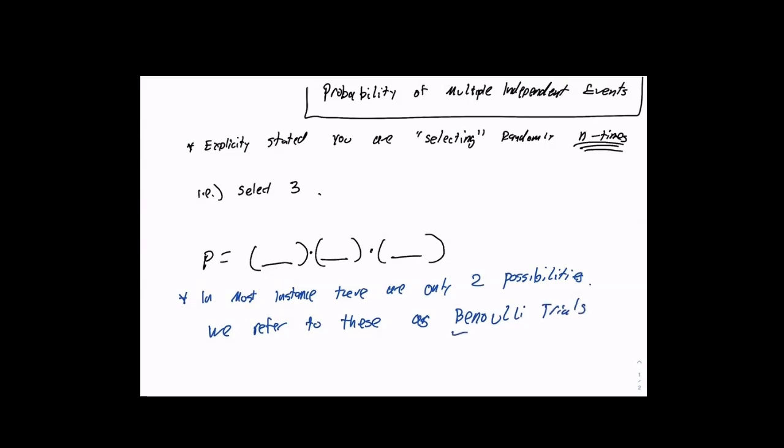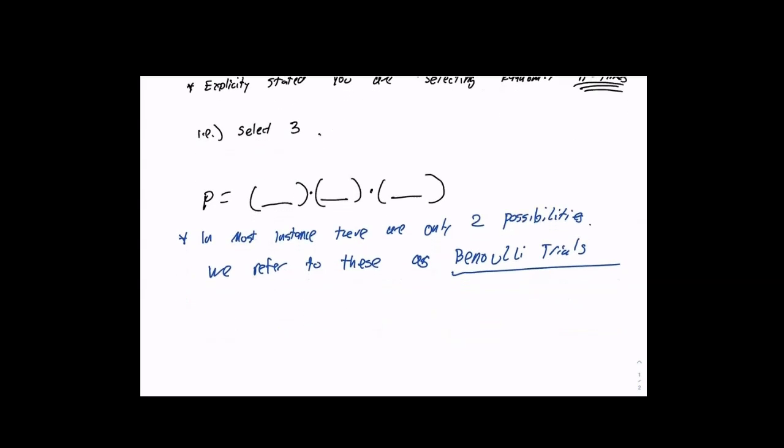And I was actually going to call today's lesson Bernoulli trials, but it's multiple independent events. All right. Bernoulli trials refers to the idea that there's 2 outcomes. They are independent, and we keep the same probability.